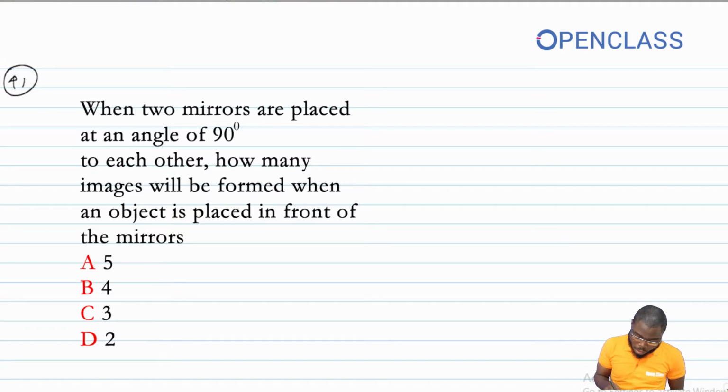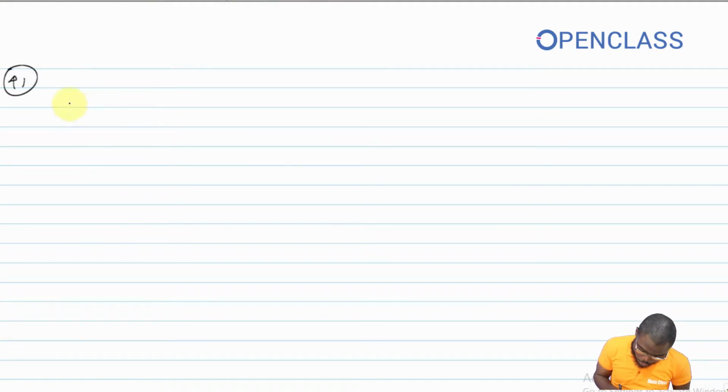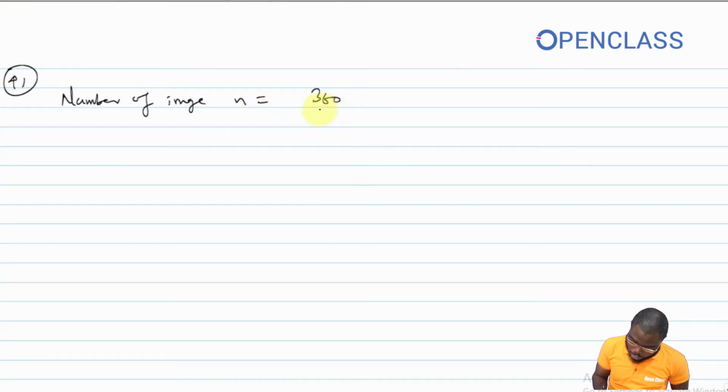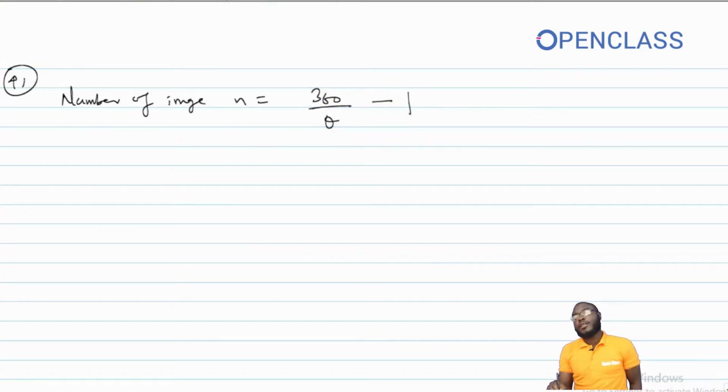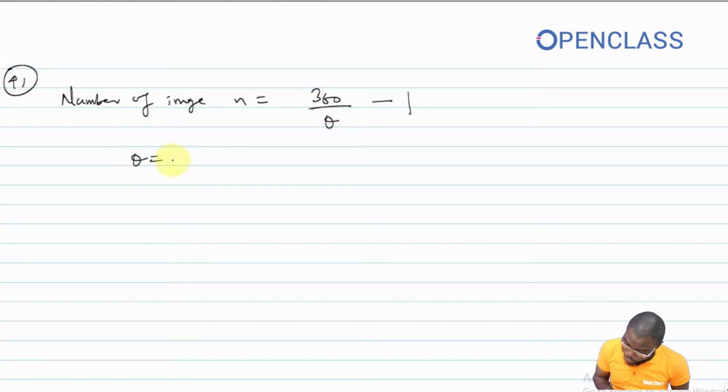So here, the number of images n is equal to 360 degrees divided by theta, minus 1. Here theta is equal to 90 degrees.